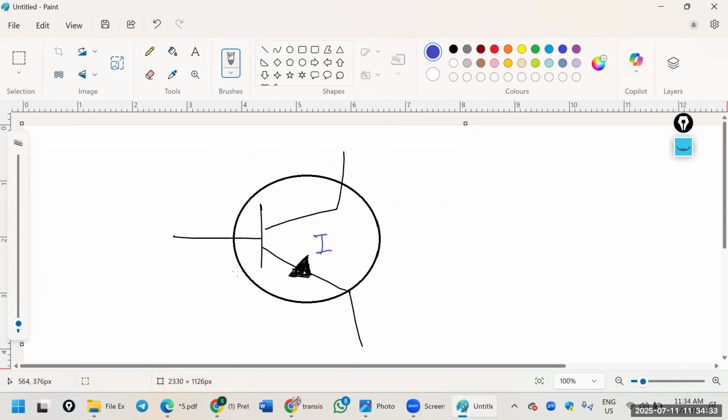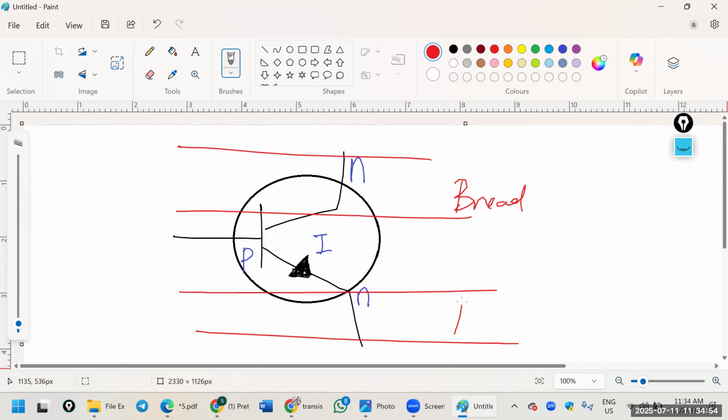Current flows from positive to negative. Can you tell me what this is? It has three layers, it's like a sandwich. This is bread, this is bread, then the center is filling. So if the side is N, it means the other side is also N. So we call it NPN. That's it. Seems like you understand.